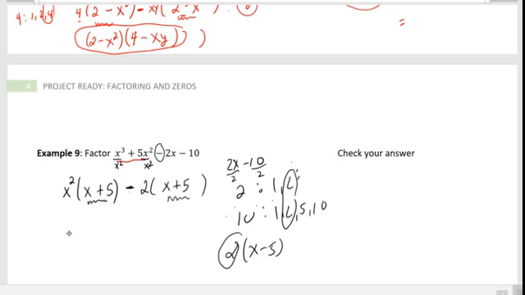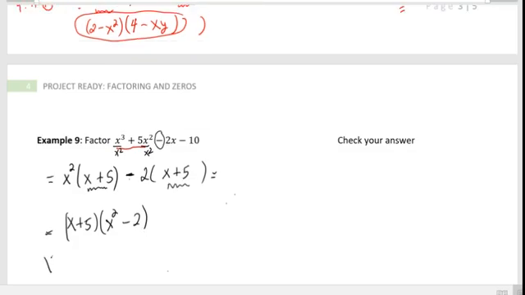So now I can see they have this in common. So I'm going to factor out an x plus 5. And if I factor out an x plus 5, then I'm left with an x squared. And if I get this x plus 5 out, I'm left with the minus 2. So our polynomial x cubed plus 5x squared minus 2x minus 10 is equal to our factored form x plus 5 times x squared minus 2.